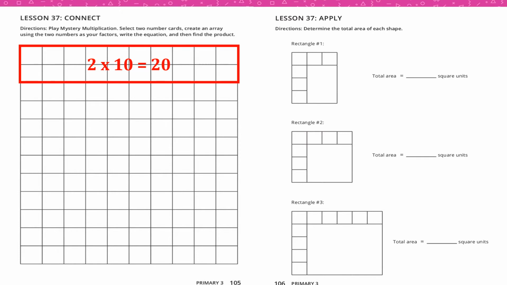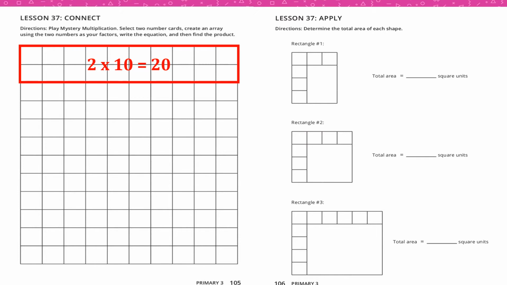And the second, by multiplying rows and columns. But here, if we don't have the total squares, can we find the area? Yes, sure. If we counted the squares in the horizontal line, and we counted the squares in the vertical line, and we multiplied them together, we will find the area.